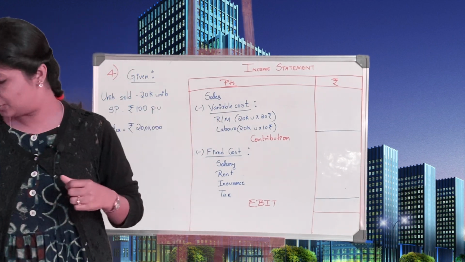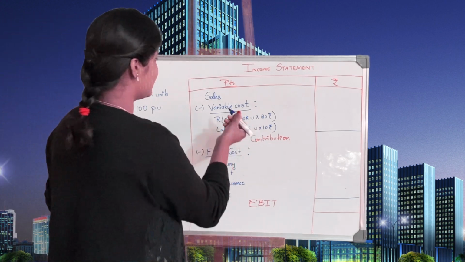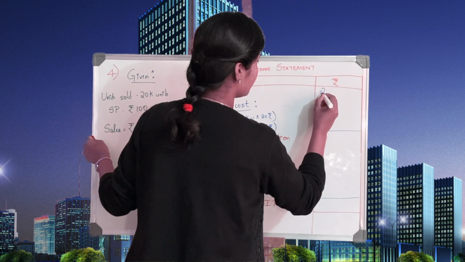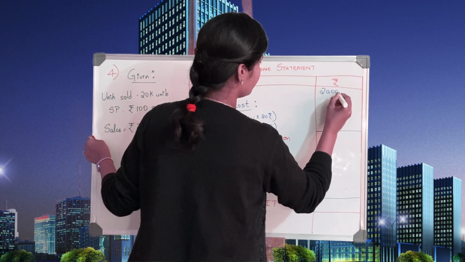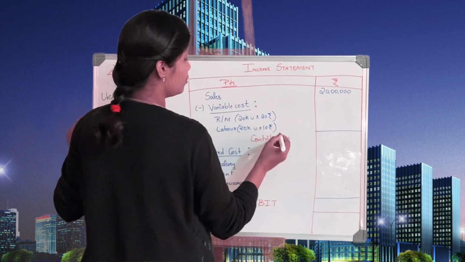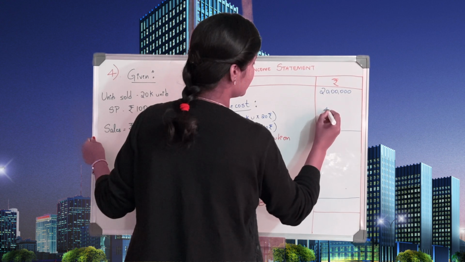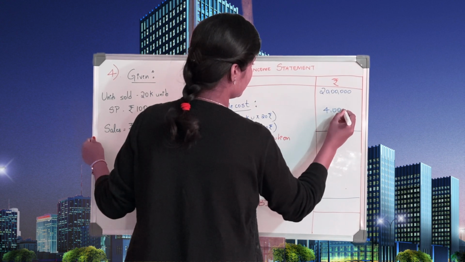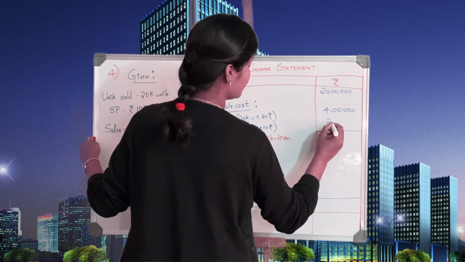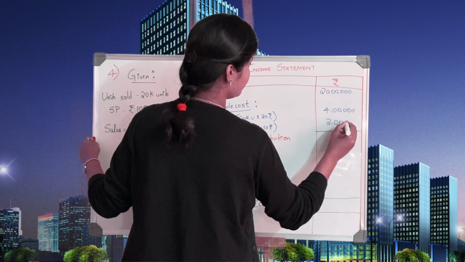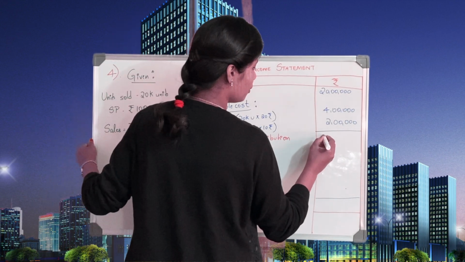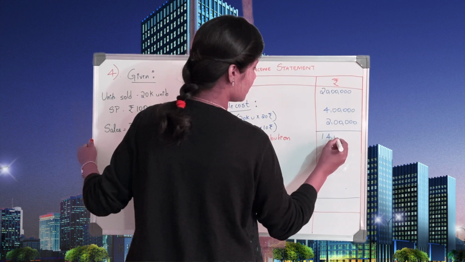Okay, let's solve the question. Now the sales provided is 20 lakh rupees. Raw materials 20,000 into 20 rupees is 4 lakh. 20,000 into 10 rupees is 2 lakh. So 20 lakh minus 6 lakh will give you 14 lakh rupees.